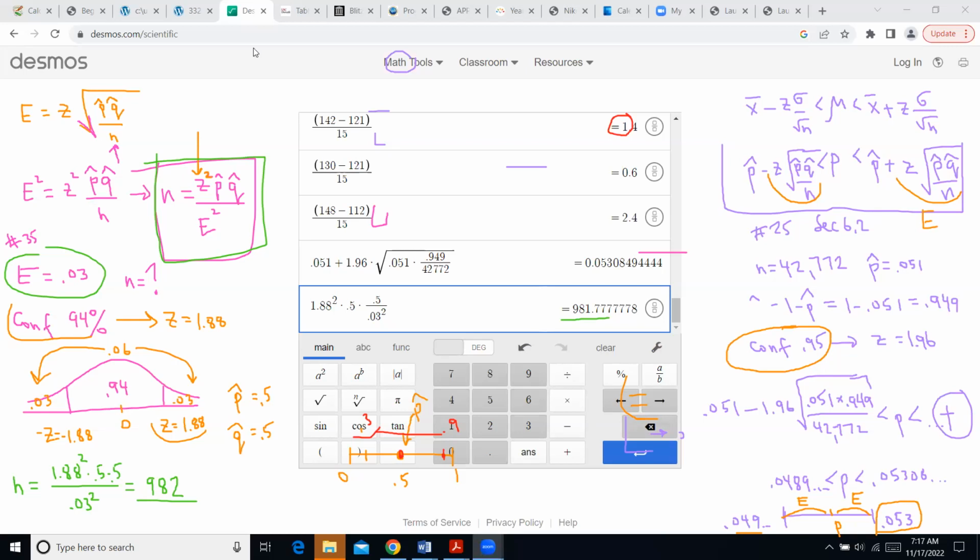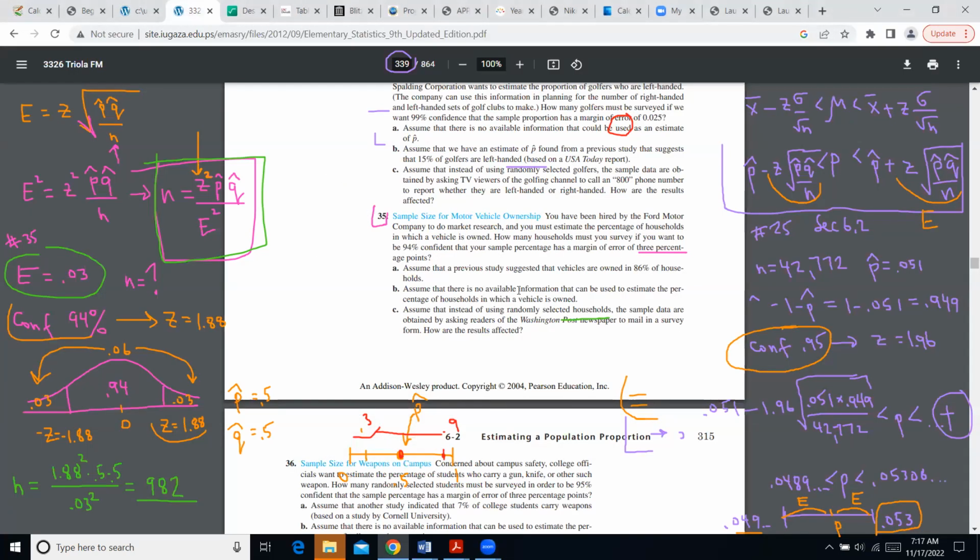So just move to the larger one, to 982. So for that particular case, you want to get the estimate for the particular confidence interval. You take a sample of size 982 if you're not given P and Q.